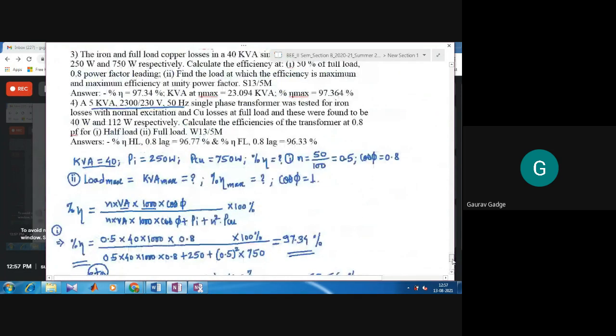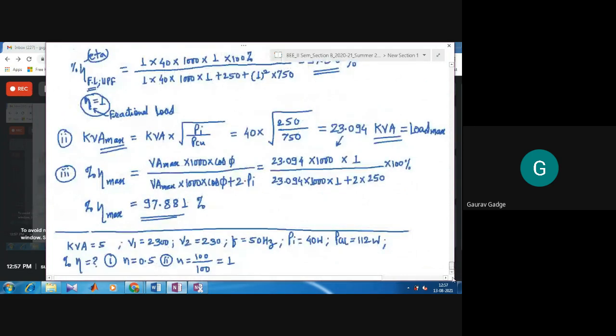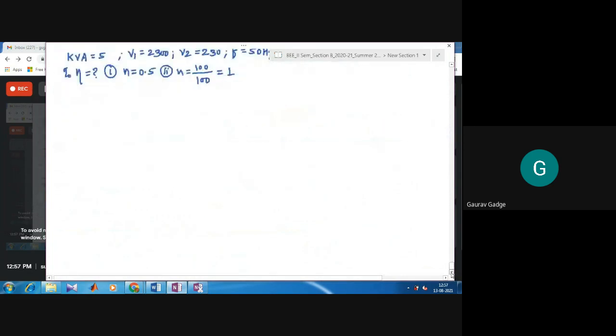So 5 kVA is done, 2300 by 230 is done, 50 hertz is done, iron loss is done, copper loss is done. Calculate the efficiency of the transformer at 0.8 power factor. So it means cos phi is 0.8, at half load and full load. Can anyone tell me the equation for percentage efficiency?